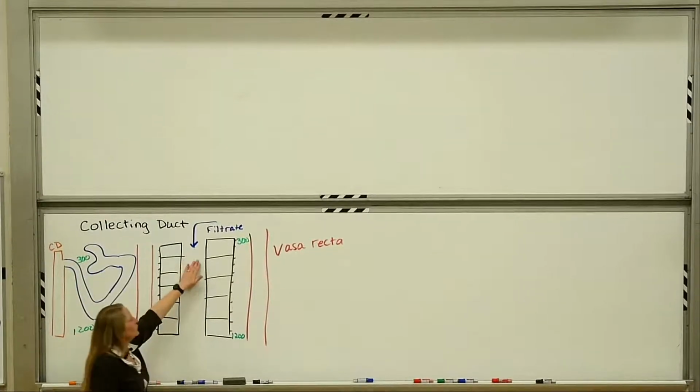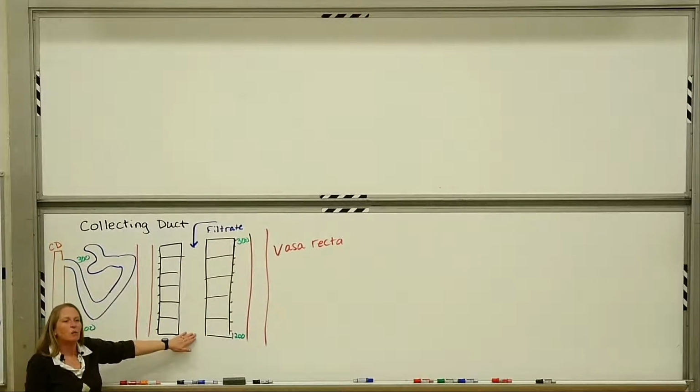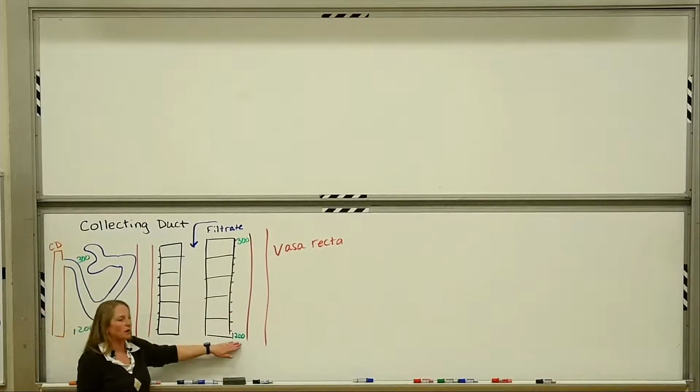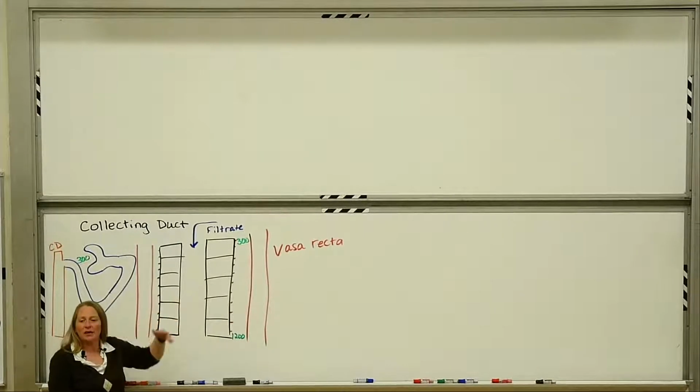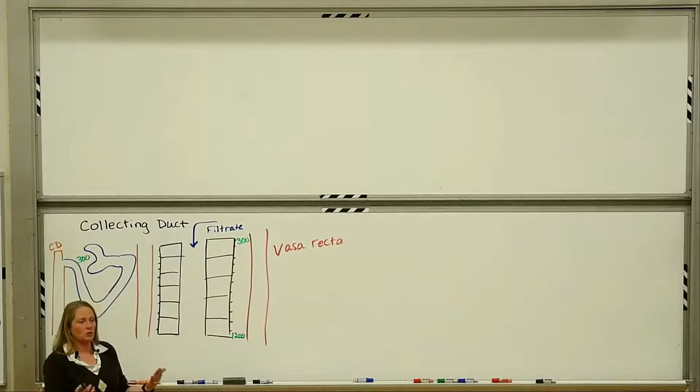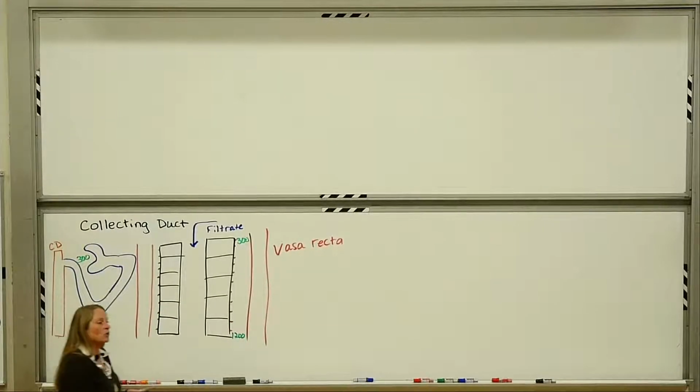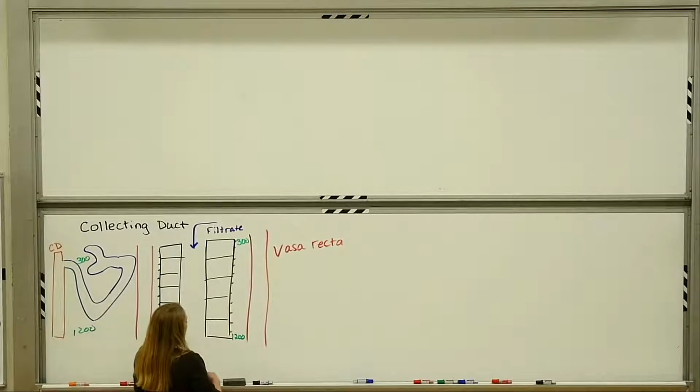If we're moving filtrate down deeper, that means it wants to come to equilibrium with a much higher concentration. We're trying to concentrate urine here. And we do that by allowing water to be reabsorbed. If we pull that out, then we have more solute, less solution. We've increased the osmolarity.